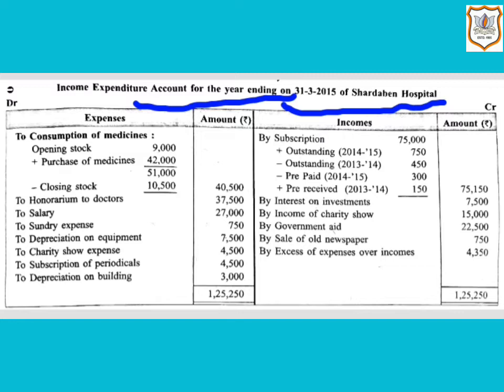75,000 is given. And in other information, we have information number 1 and information number 2 regarding subscription. So here first we have subscription outstanding for two different years. On 1st April 2014 it is 450, and for 31st March 2015 it is 750. So 450 is the subscription outstanding of previous year.